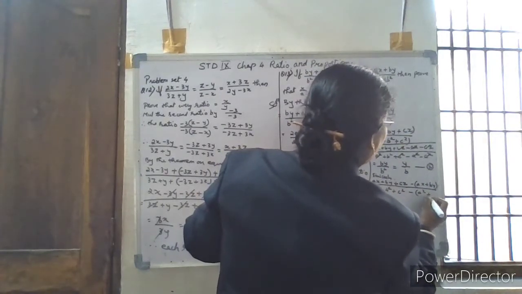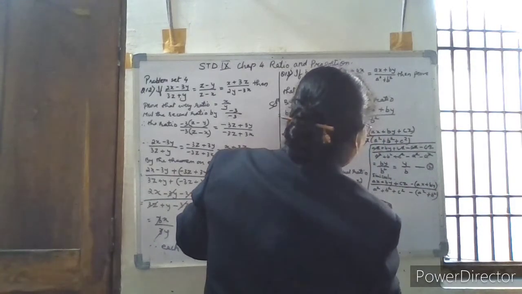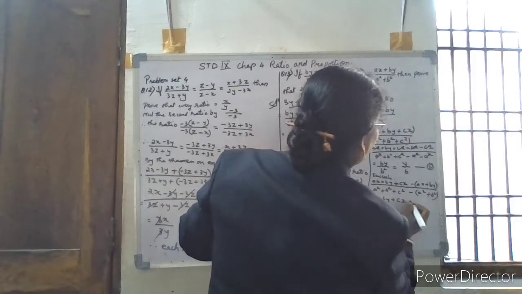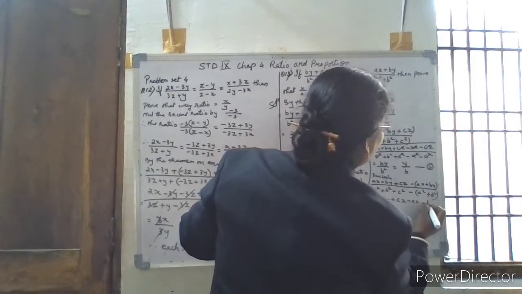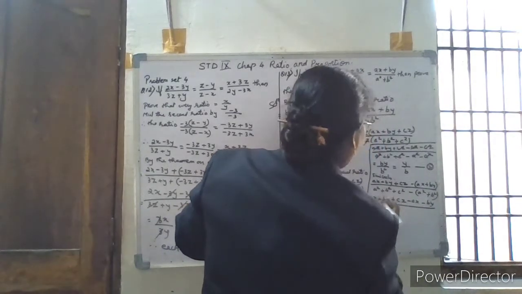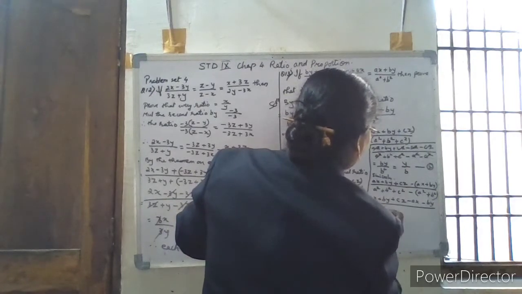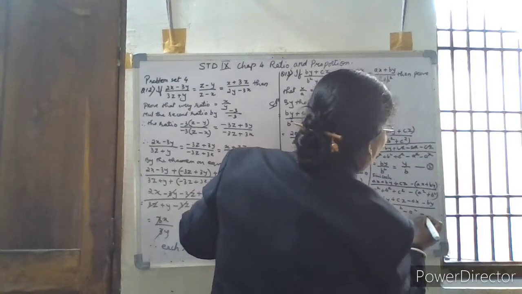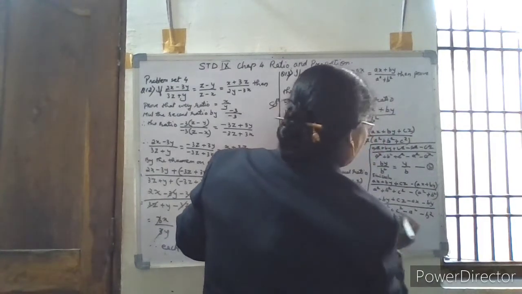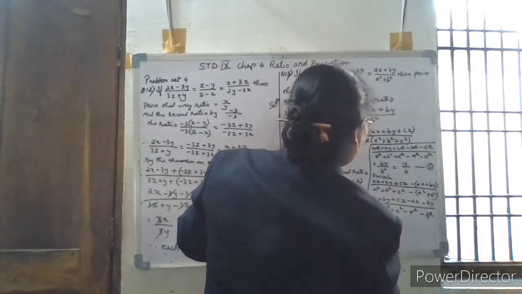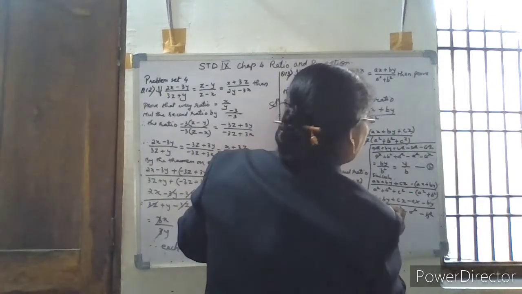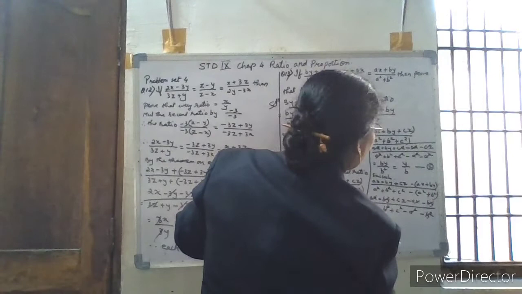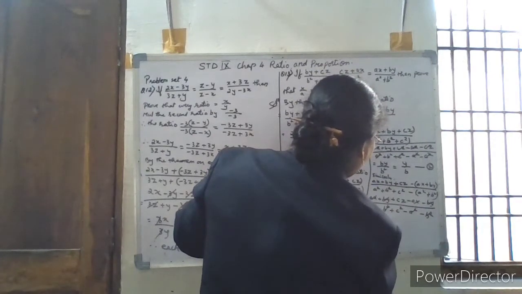So open the bracket: ax plus by plus cz minus ax minus by upon a squared plus b squared plus c squared minus a squared minus b squared. A squared cancels, b squared cancels, ax cancels, by cancels. We are left with cz by c squared. So this is equal to z by c.